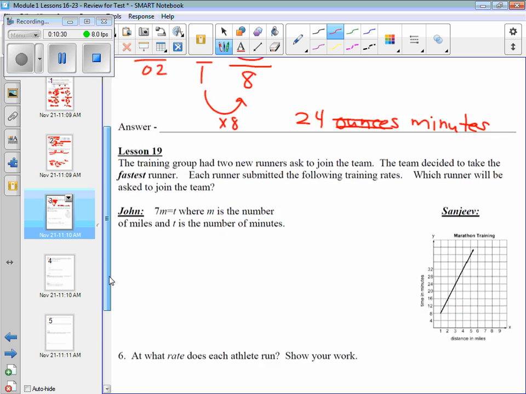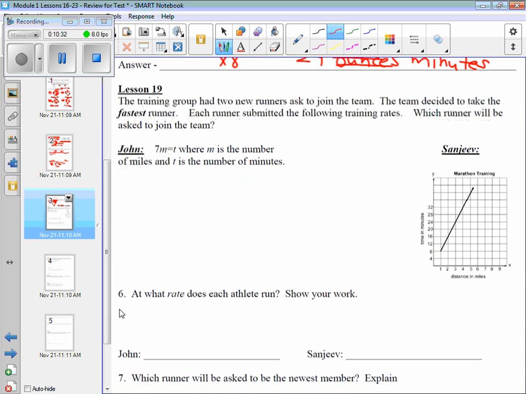Okay, in 19, when we did 19, we explained that when you see an equation, that is also our unit rate. So when I set this up, miles over minutes, this equation is telling us 1 mile is going to take 7 minutes.